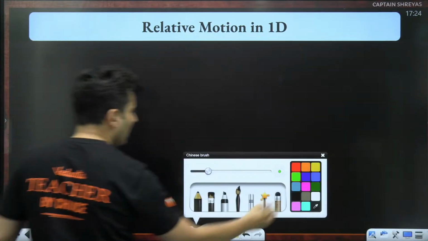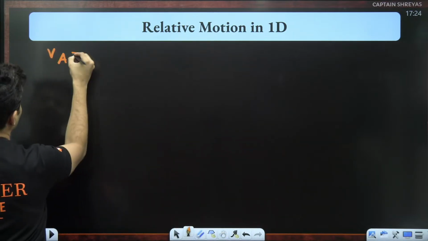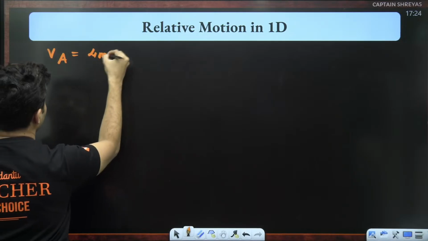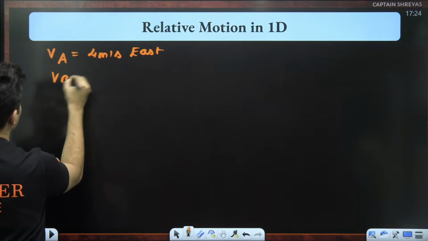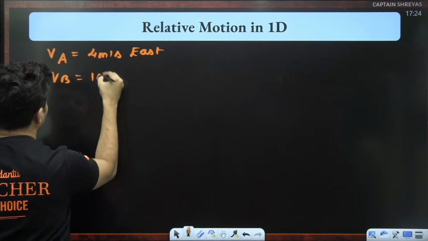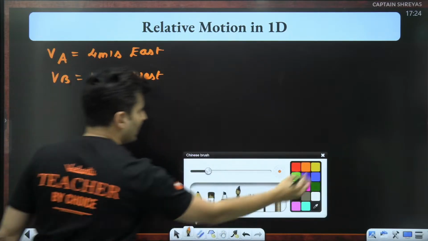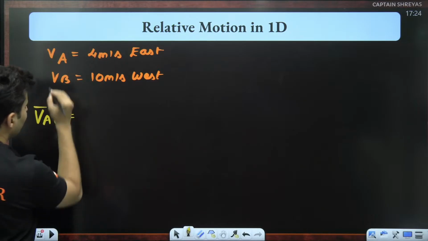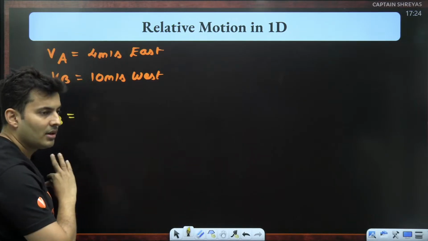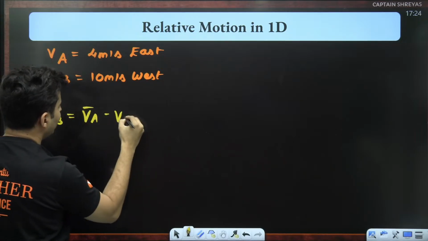So imagine this. I tell you, car A has a velocity of 4 meters per second towards east, and car B has a velocity of 10 meters per second towards the west. Can you find quickly what is the velocity of A with respect to B? Well, if you simply use the rule of thumb which says it is VA minus VB.